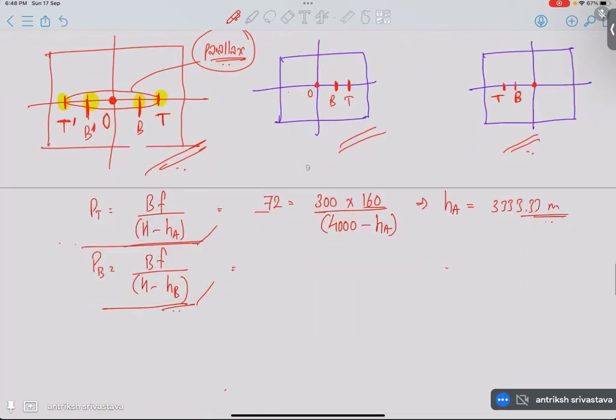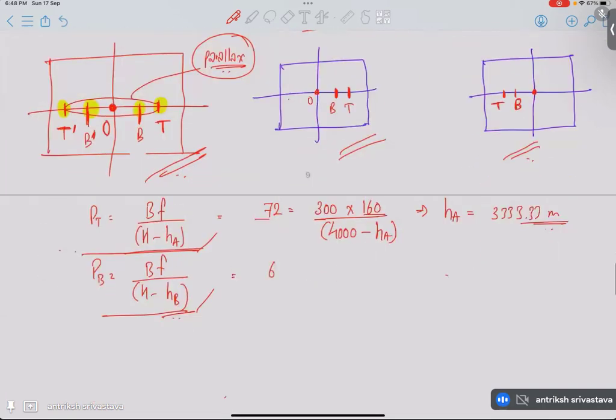And similarly, HB will be 63 equal to 300 into 160, the same as before, 4000 minus HB. So what is this? 3238.09 meters.